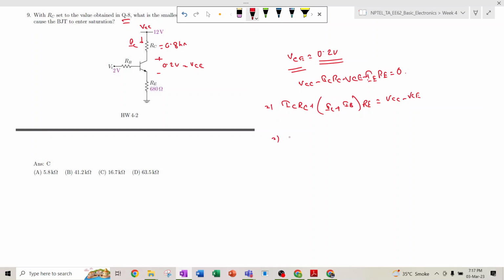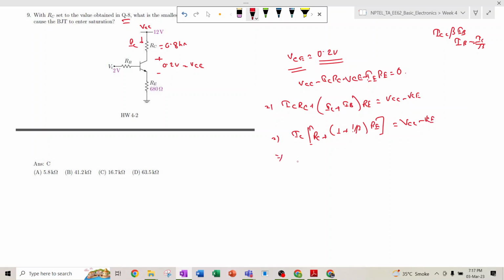So IC is RC plus, taking IC common, the IB term: IC is beta IB, so IB is IC by beta. So if IC is taken out, it comes as 1 by beta, into RE, equal to VCC minus VCE.